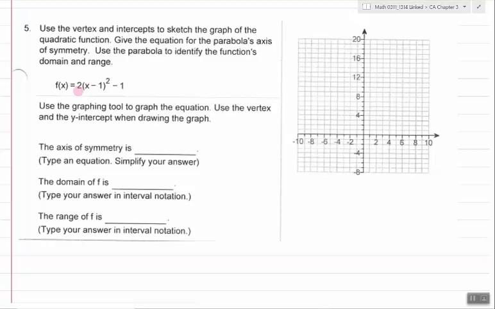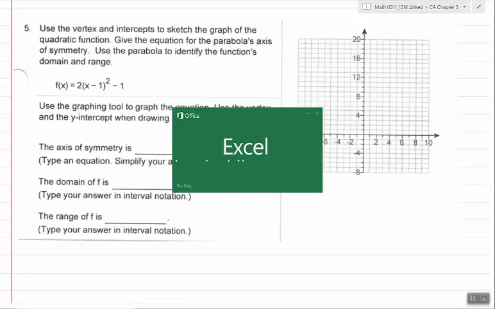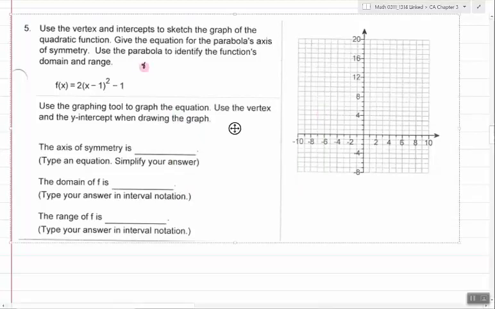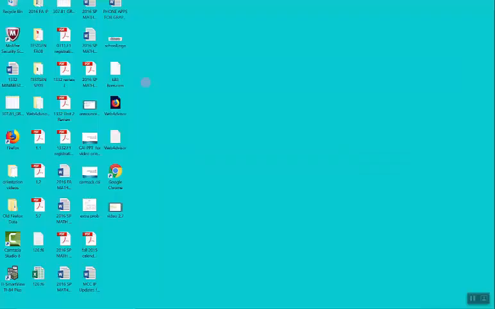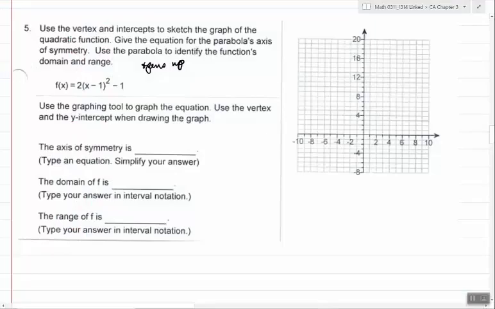All right, the first thing I need to notice is that this thing opens up. The vertex, I keep touching things, I'm so sorry. The vertex is, change the sign on this one, 1. Don't change the sign on this one, negative 1.